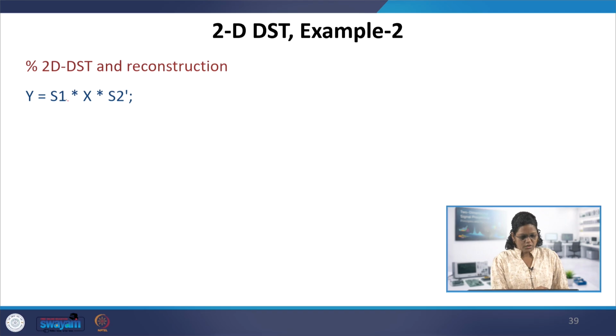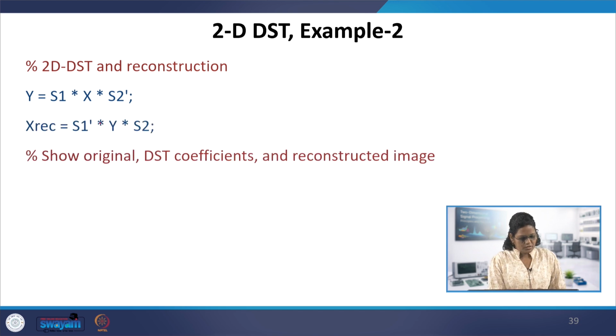The reconstruction is S1 X S2 dash. S1 and S2 we got, that is Y, which is used in the 2D DST. So we can write S1 dash Y S2. This is the transform. We can use it the other way also, because of the properties of S1 dash and S2 dash. We can use that property and we get the reconstructed image.